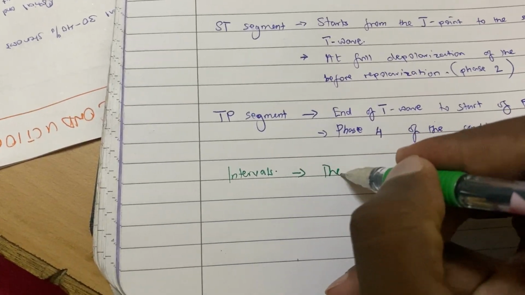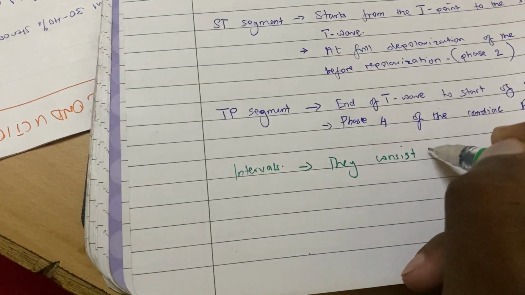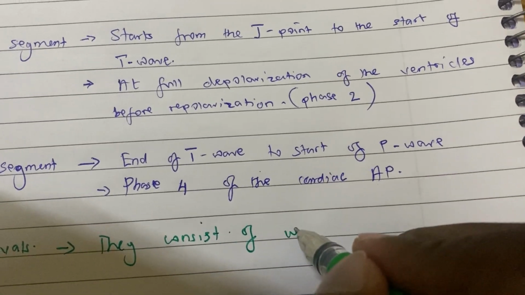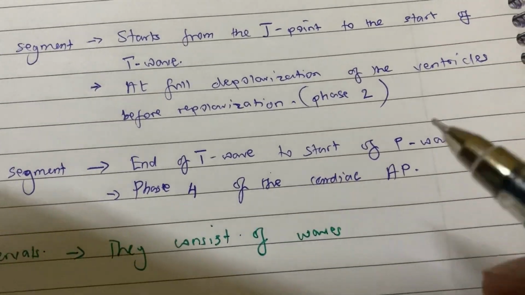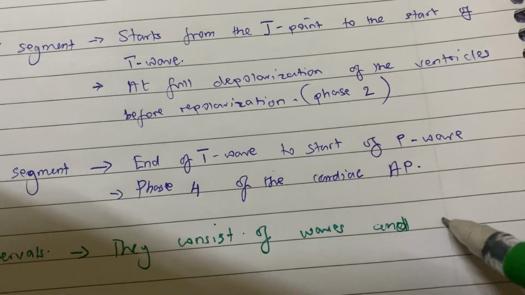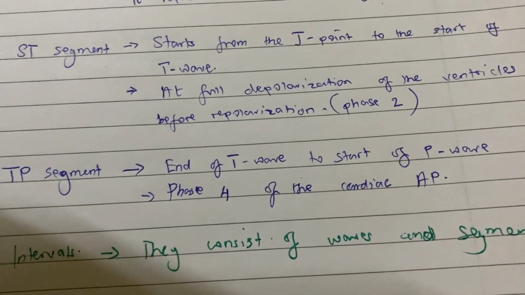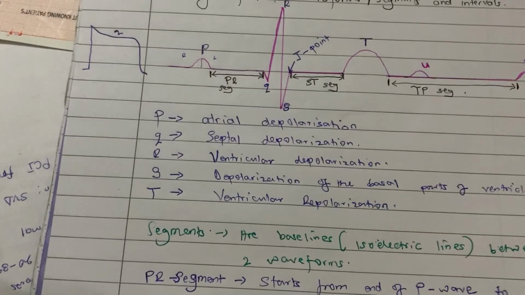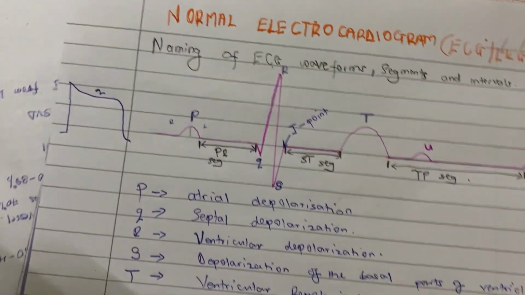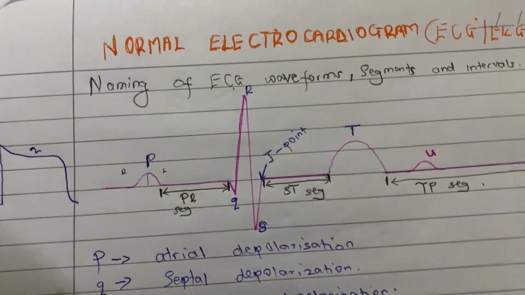They consist of waves and the segments. So on ECG, we have the following intervals.